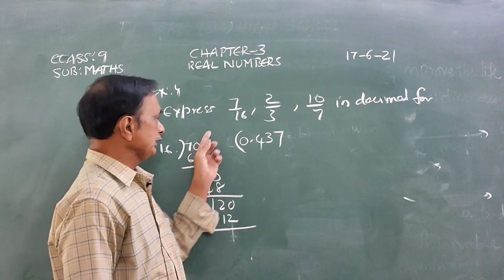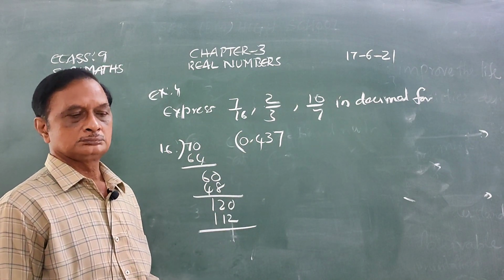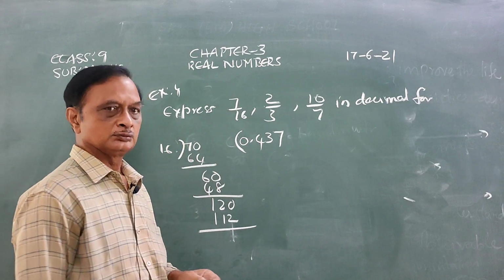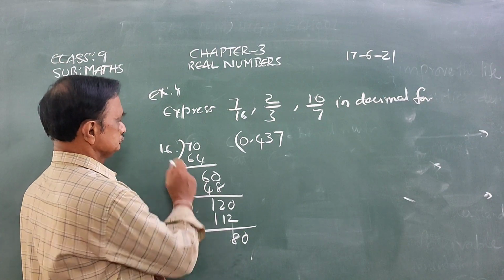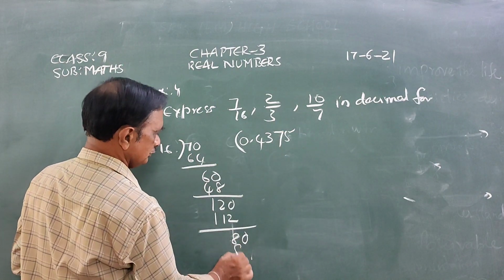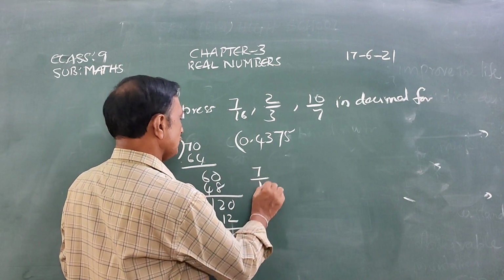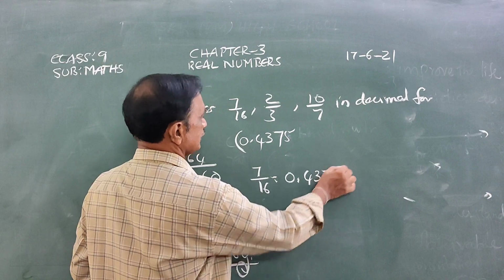What is required to find the division? Multiplication tables. If you know the tables, we can easily divide this 7 by 16. So 8, 0, 16 5s are 80. Here the decimal form of 7 by 16 is 0.4375.